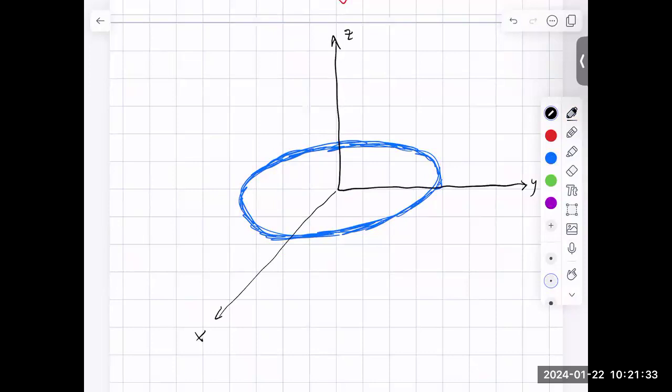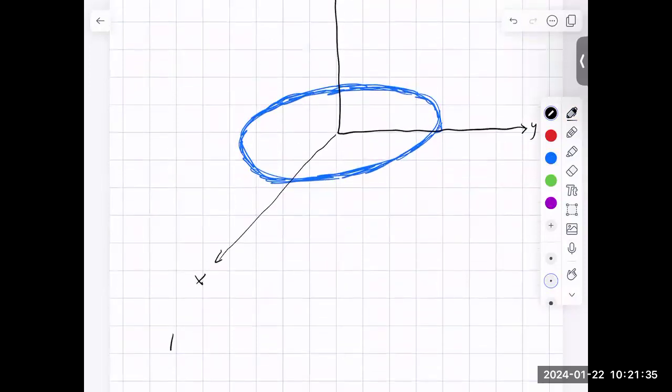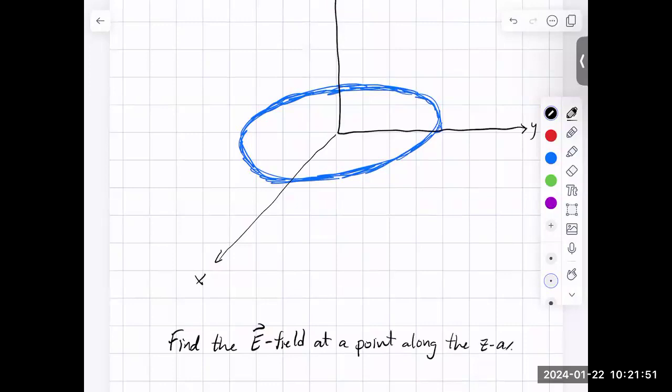Okay, so our task is to find the electric field at a point along the z-axis due to the uniformly charged ring.